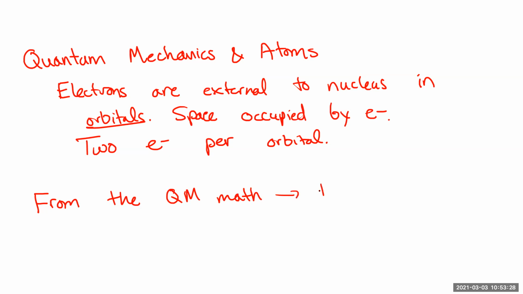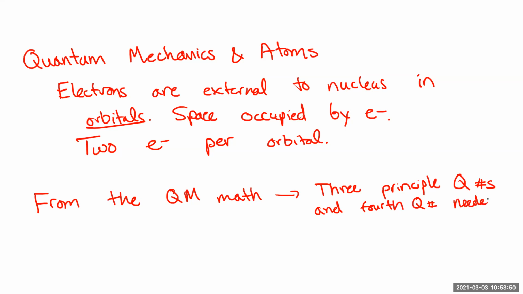We get 3 principal quantum numbers. And we have a 4th quantum number needed to describe a final property of electrons. Let's talk about those now.